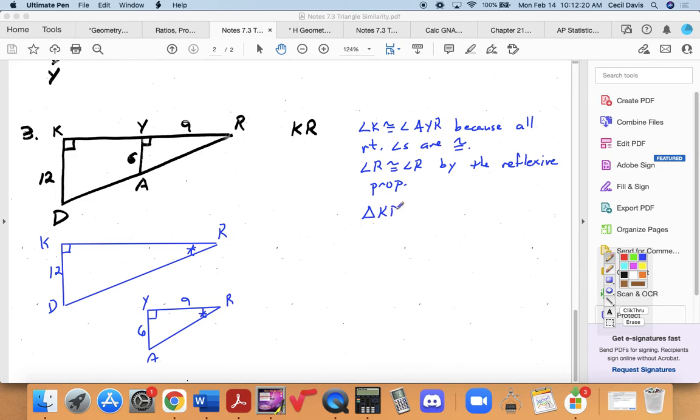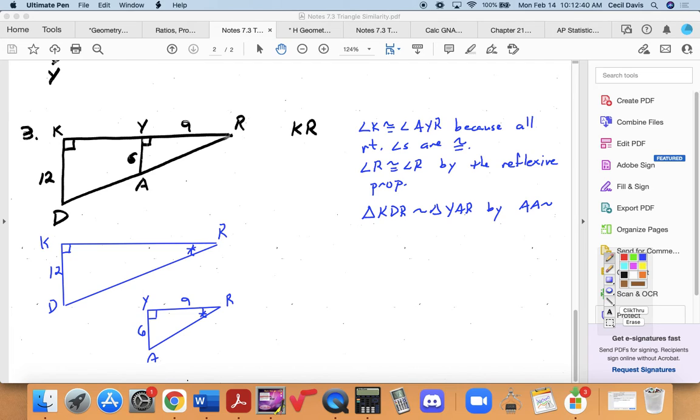So triangle KDR is similar to triangle YAR by angle similarity.